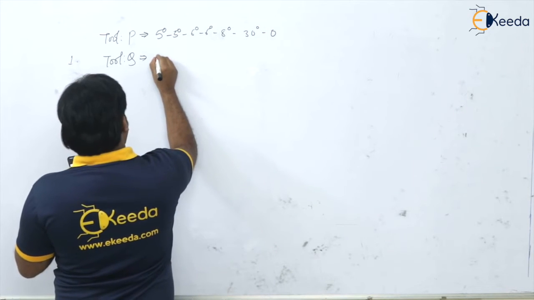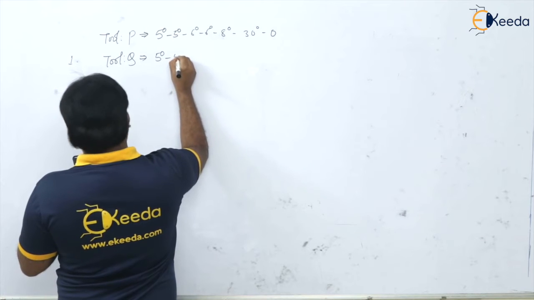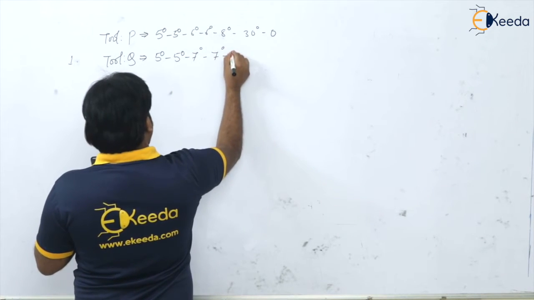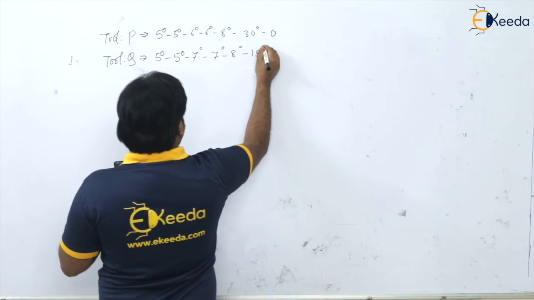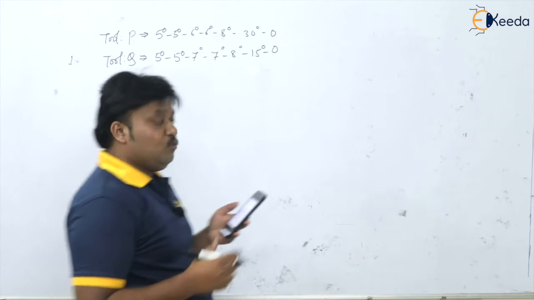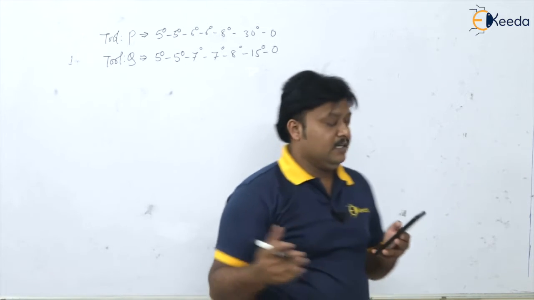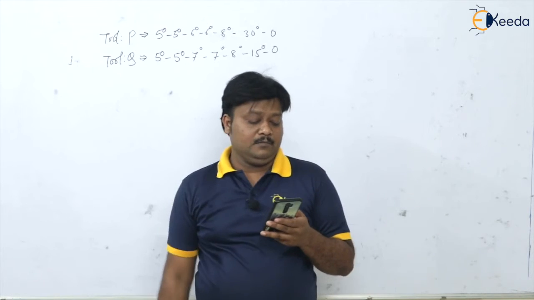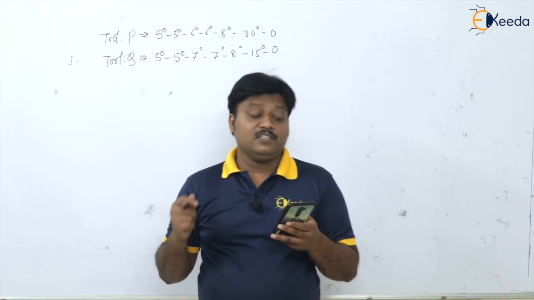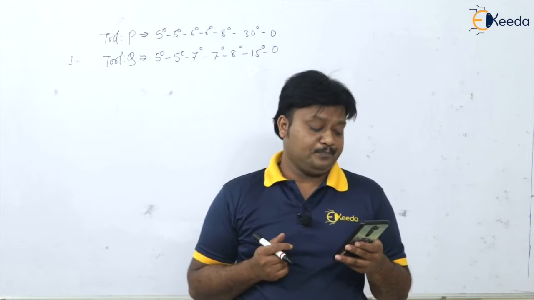And this is 5 degree, 5 degree, 7 degree, 7 degree, 8 degree, 15 degree and 0. Okay. So both are ASA, American Standard Association tool signature system.